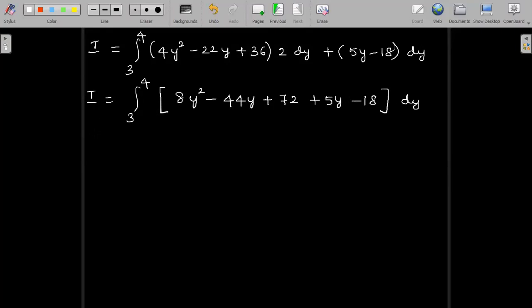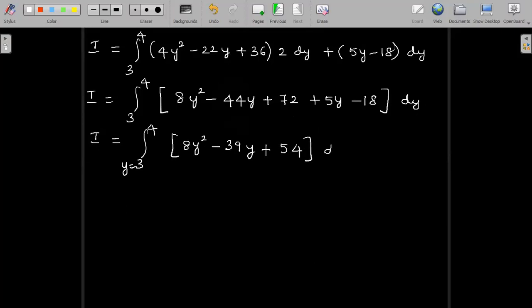Let us group all the like terms and simplify this. So this gives us integral 3 to 4. These are the limits for y. Grouping all the like terms, we have 8y square, and then we have minus 44y plus 5y, which gives us minus 39y, and 72 minus 18, which will give us 54.